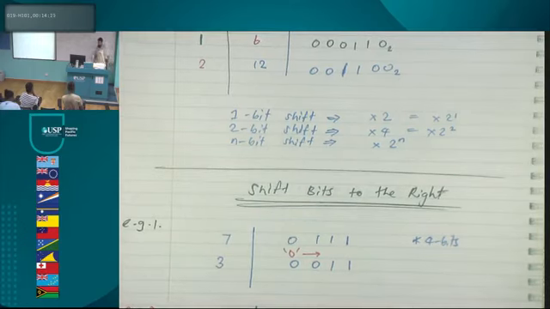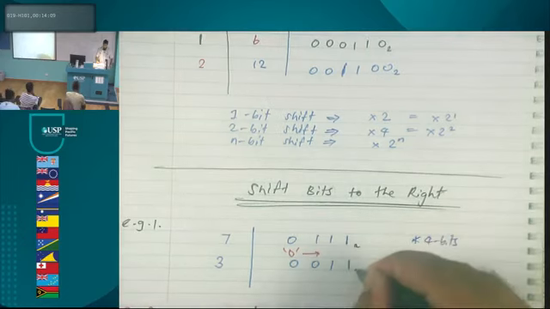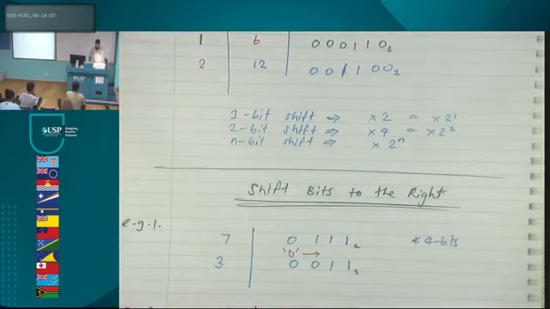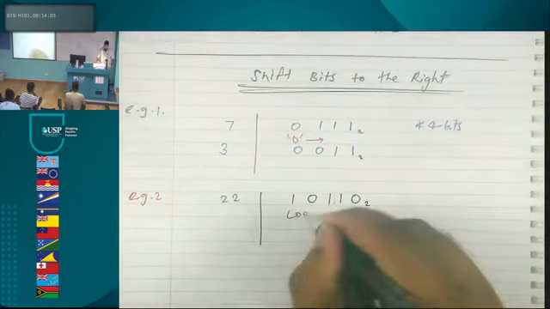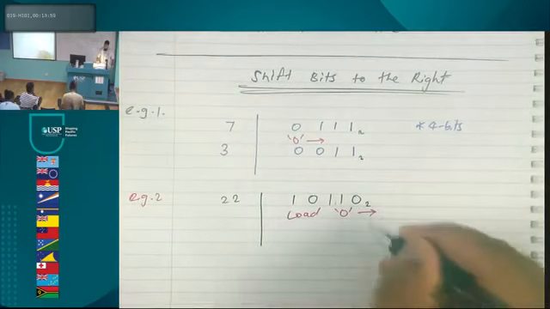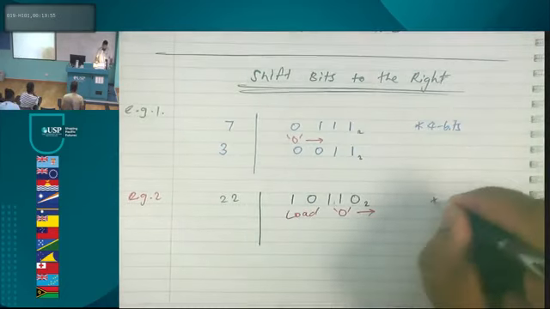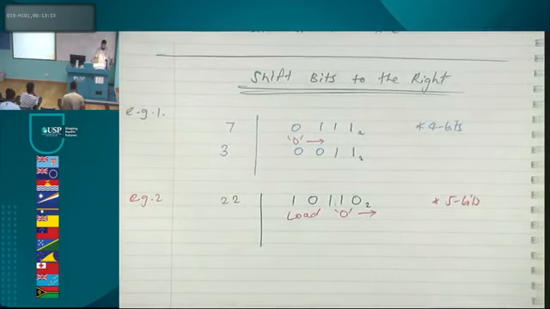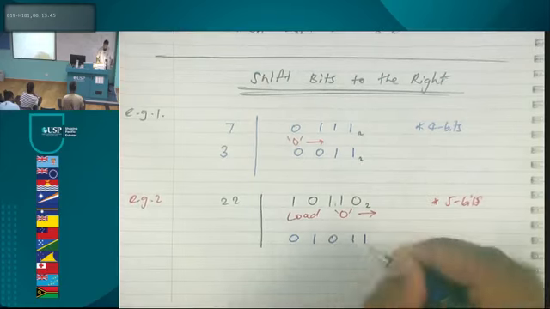We just did this a while ago. 22 is 1 0 1 1 0. And we load a 0 that way. And let's say this time around, we restrict it to 5 bits. So that becomes 0 1 0 1 1. That is what?